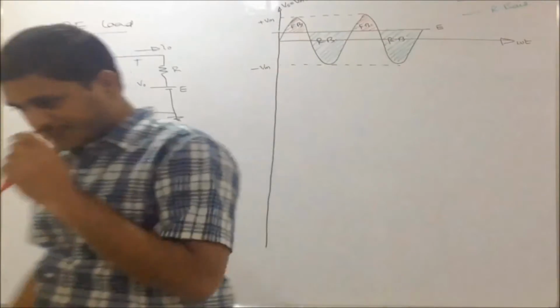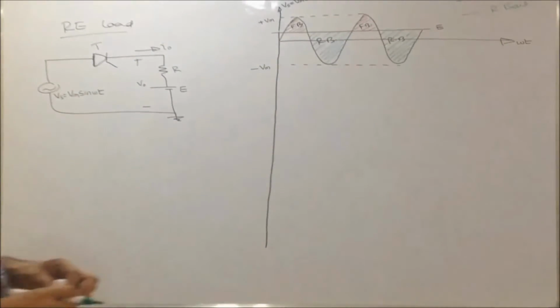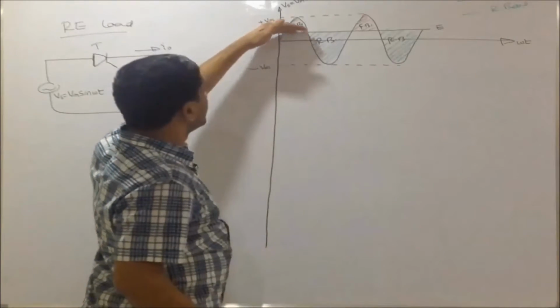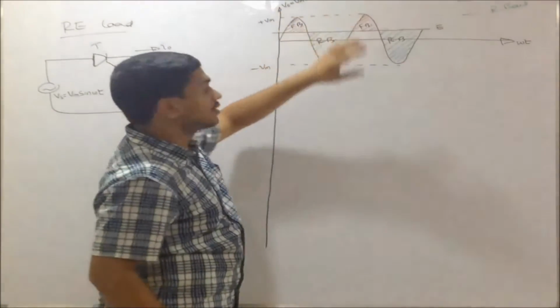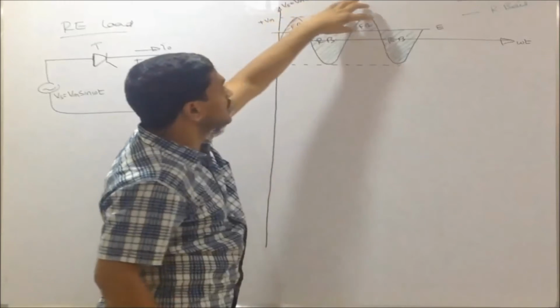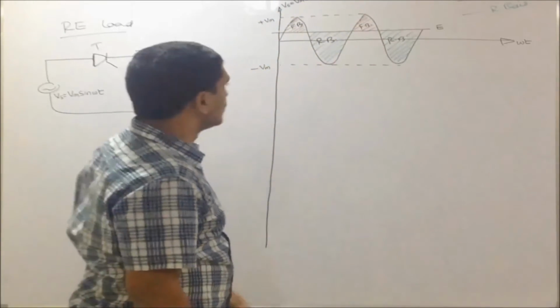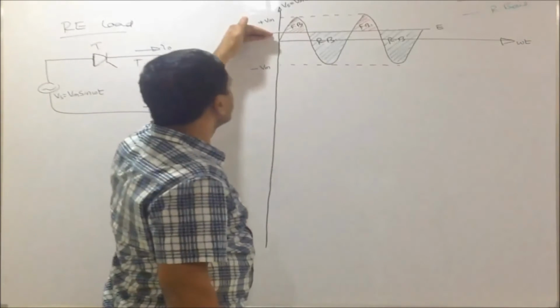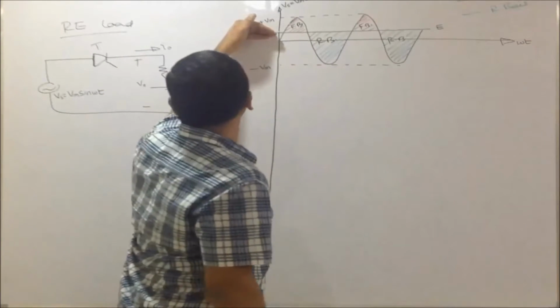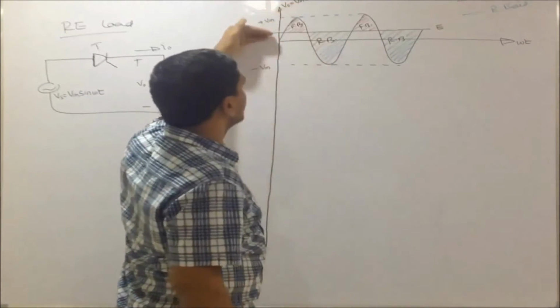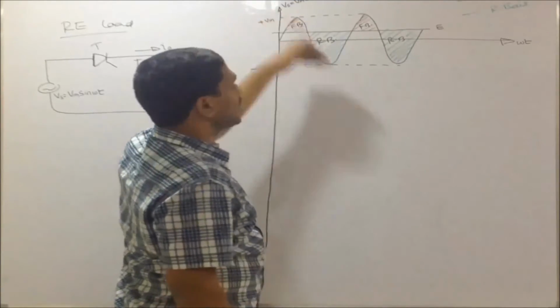The SCR is forward biased in this region and in this region, and reverse biased in this region and in this region. Simply, when Vs is greater than E, the SCR is forward biased. The moment Vs is less than E, it is reverse biased.